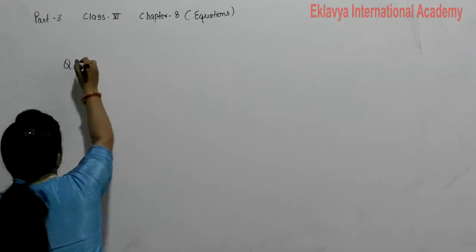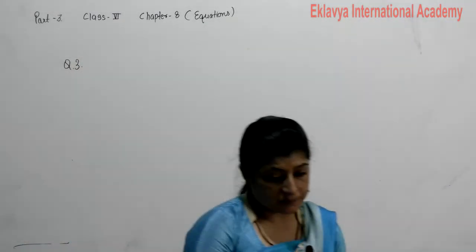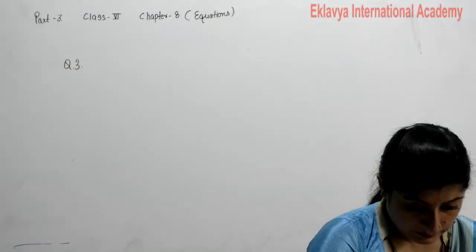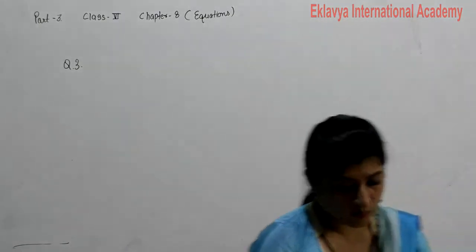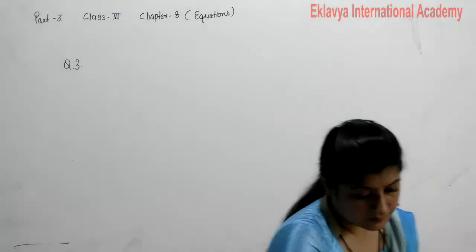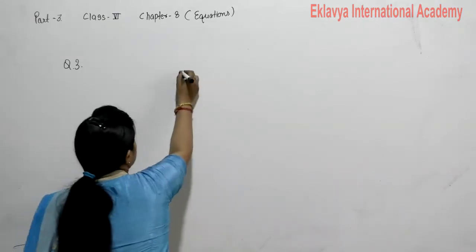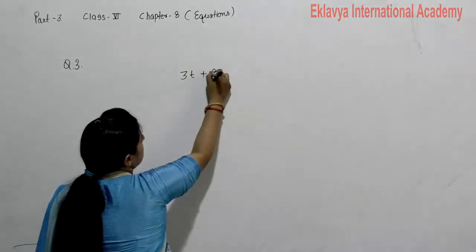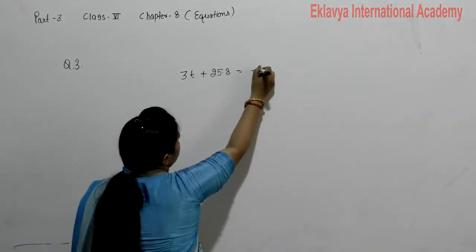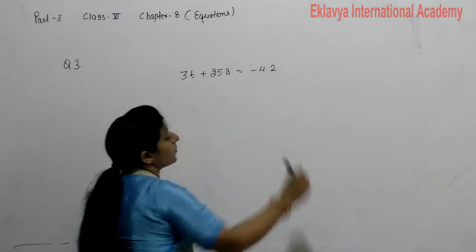Suppose another example, if we take 3t plus 25.8 is equal to minus 4.2.